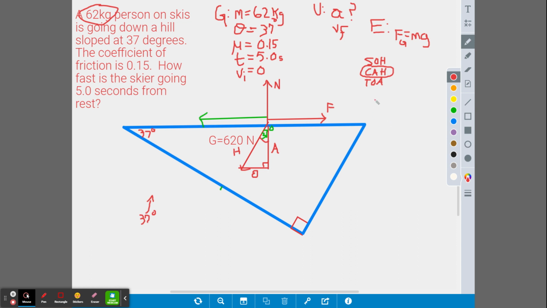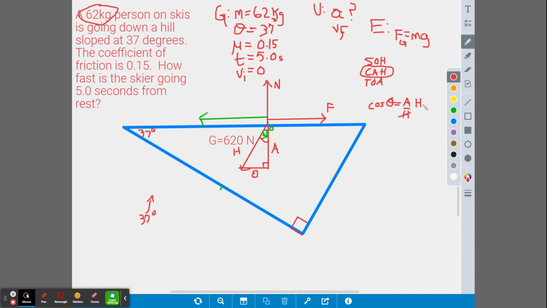So the equation we will use is cosine theta, and theta is a symbol for angle, equals A over H. We want to solve for A. We already know H. So I'm going to multiply this fraction by the denominator.